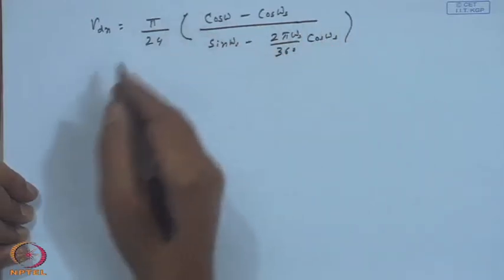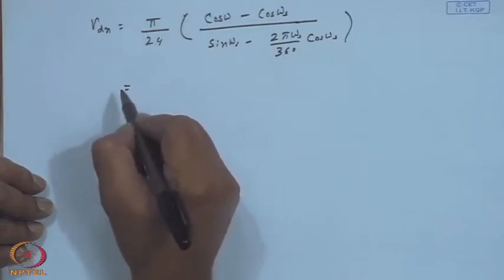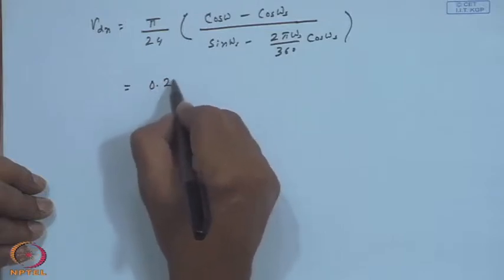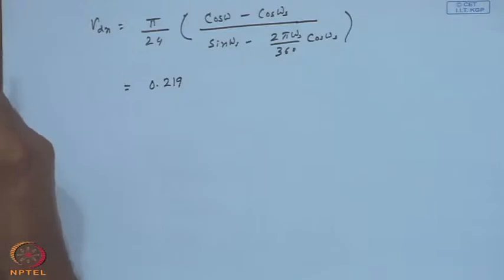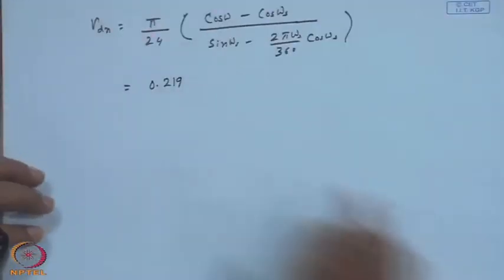So, that A plus B cos omega I can easily subtract. That is the advantage of some intermediate calculations, though I have not shown, just divide by that number, you will get 0.219.